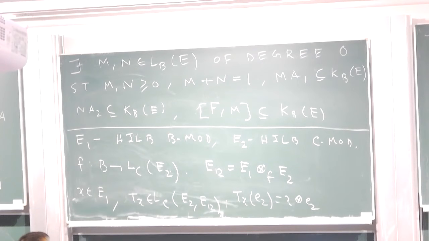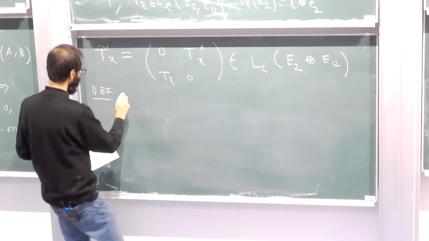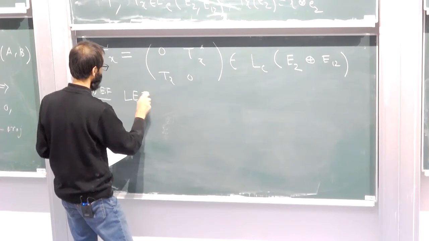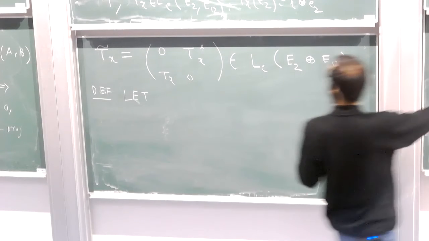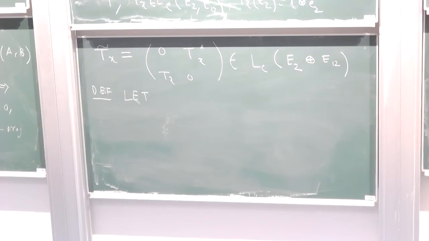Let... should be LC E2 direct sum. So I have so far omitted the entirety of the first phi1 and F1. I have not taken F2. So here comes F2.